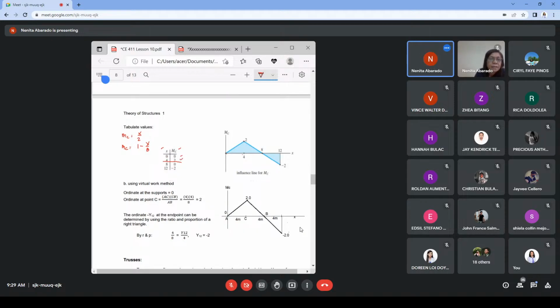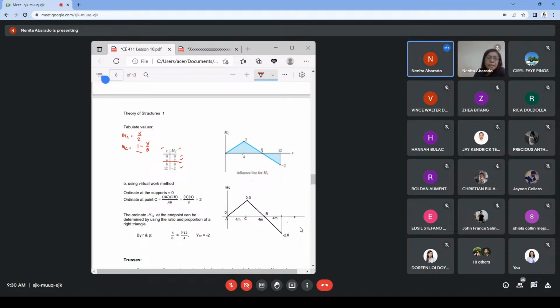At x equal to 8, we use the other equation: 1 minus 8 over 8, which is 0. Then at x equal to 12, 12 over 8 minus 1, we have negative 2.